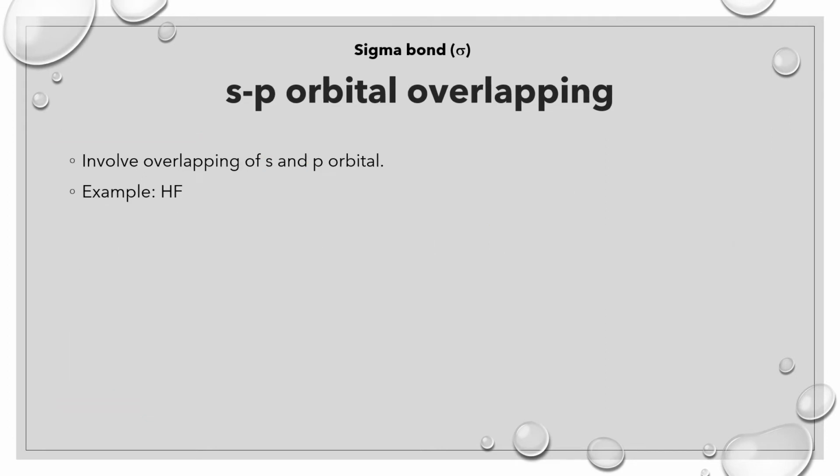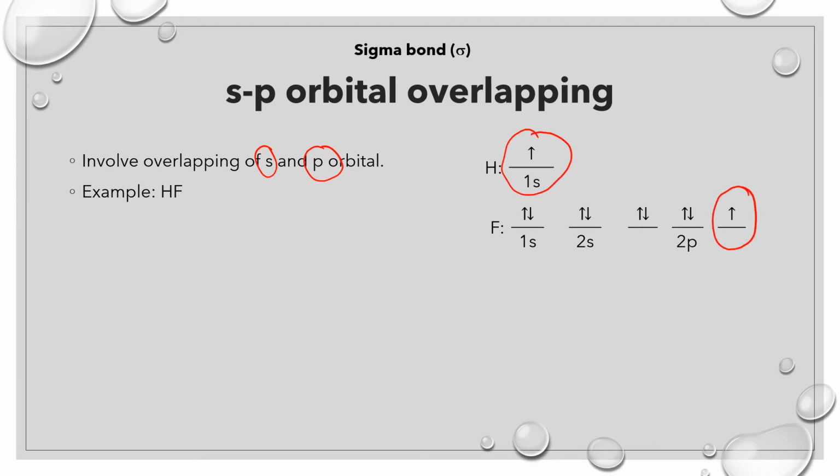In SP orbital overlapping, this will involve overlapping between S and P orbital. So let's take HF as the example. Hydrogen has one valence electron and fluorine has 7 valence electrons. In order to form a single covalent bond between H and F, the single electron of hydrogen will overlap with the single electron of fluorine.